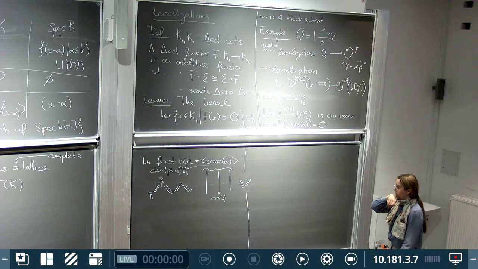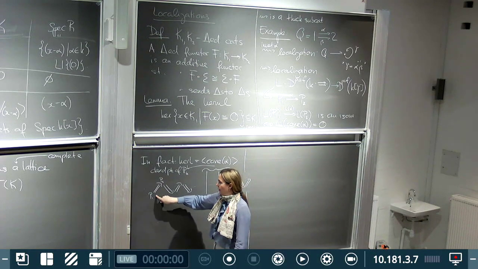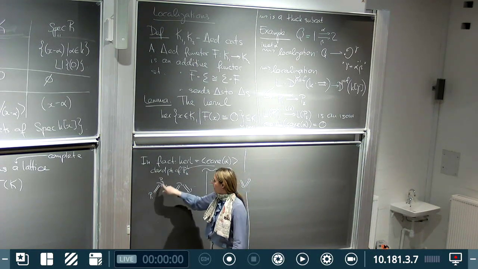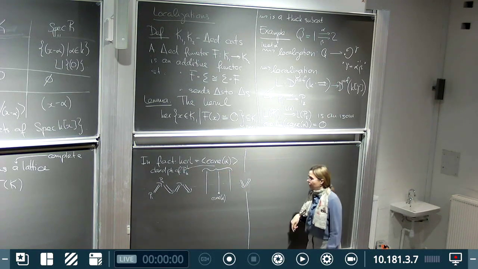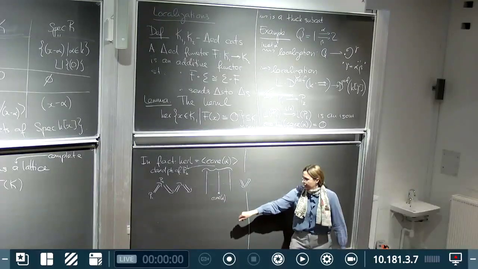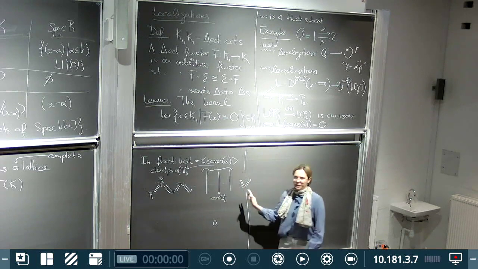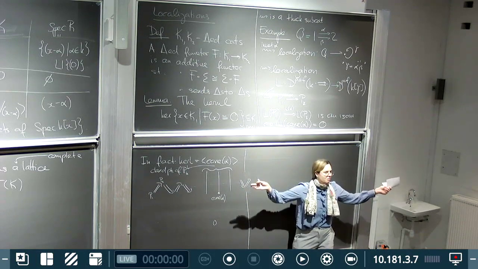Okay, so what happens if you invert this map alpha from P1 to P2? Well, what you're going to do is you're going to kill that cone. That cone is going to die. All the other tubes stay unaffected.